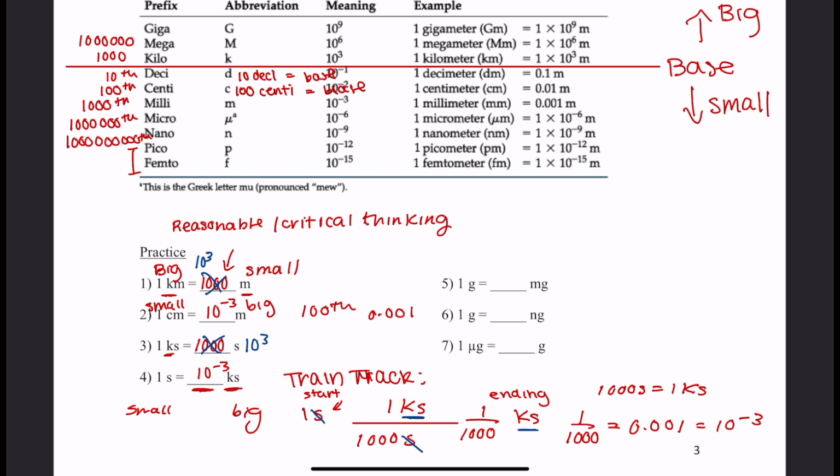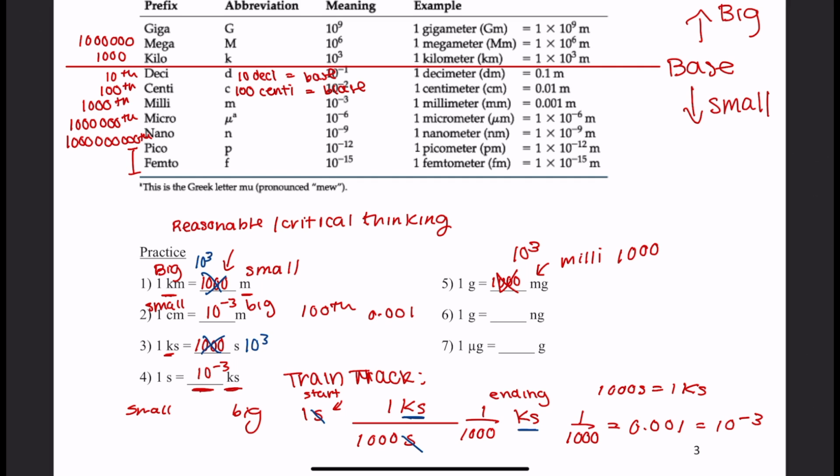Here it goes from big to small. That means it's going to be a big number. And since we know this is M, this is milli, and milli is 1,000. So I know that it's going to be 1,000 milligrams in 1 gram, or 10 to the third.